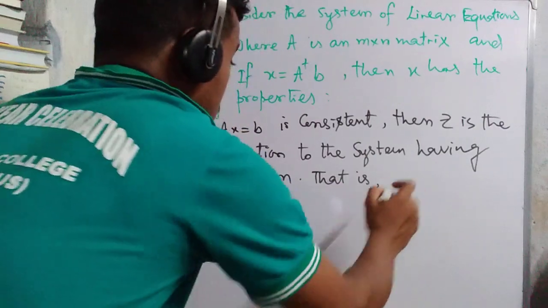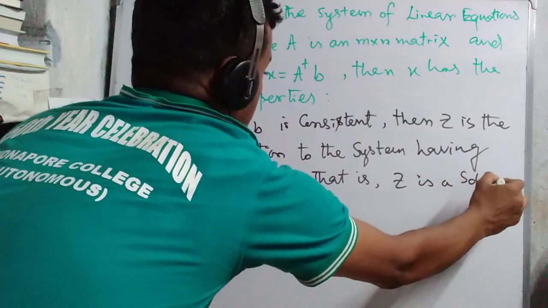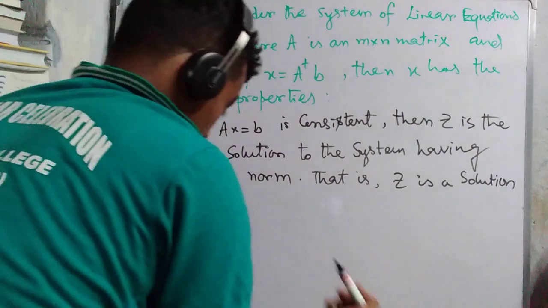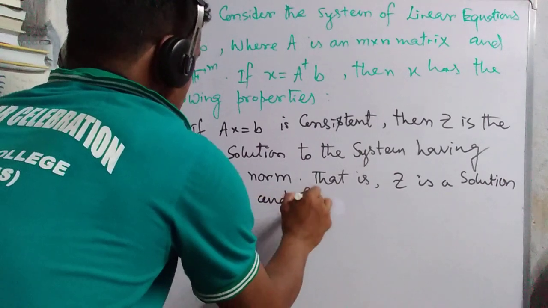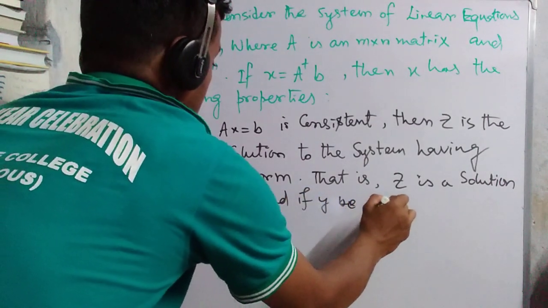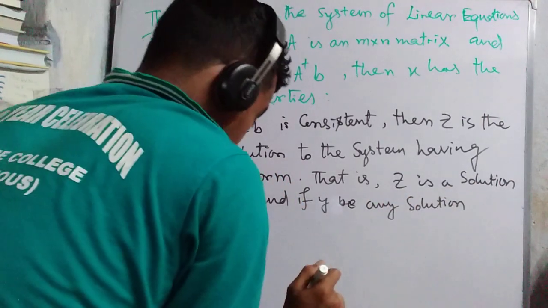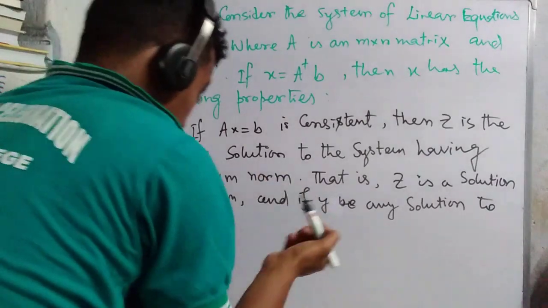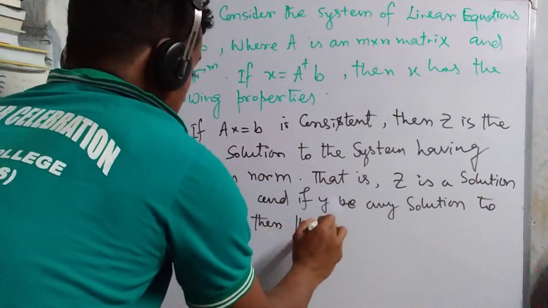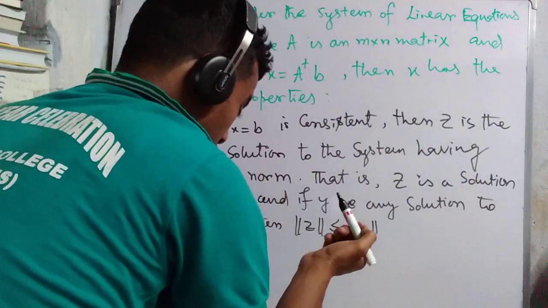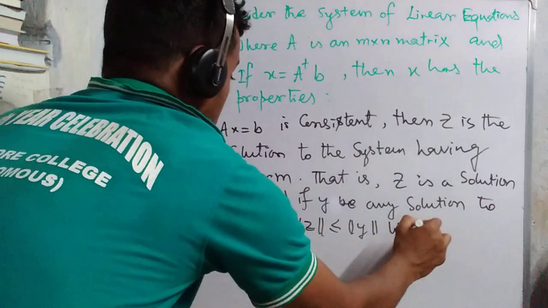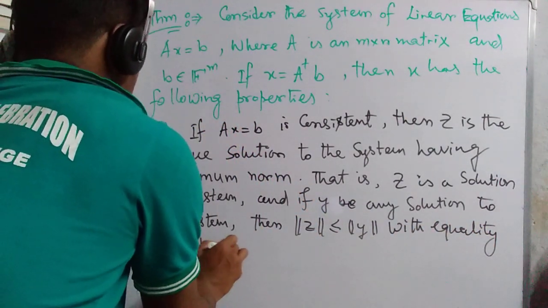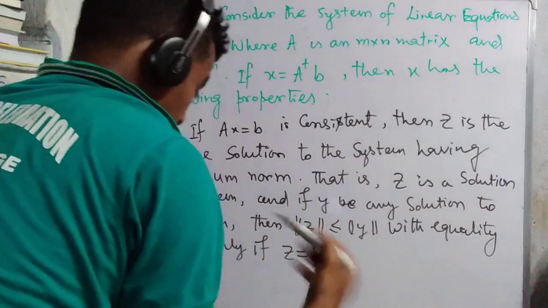That is, z is a solution to the system, and if y is any solution to the system, then norm of z is less than or equal to norm of y, with equality if and only if z equals y. Understood?